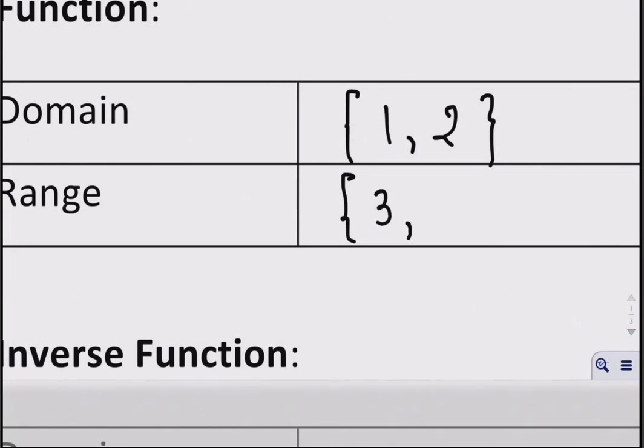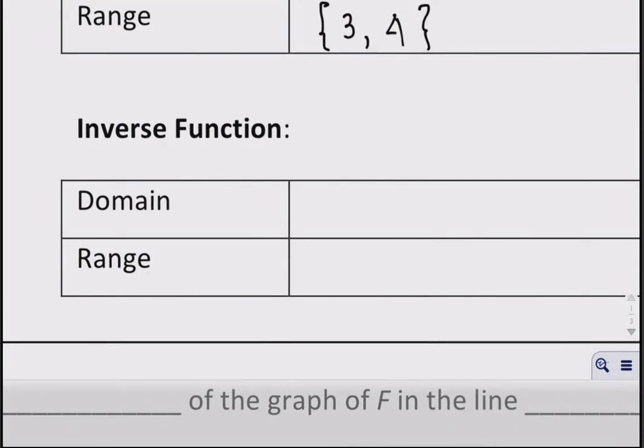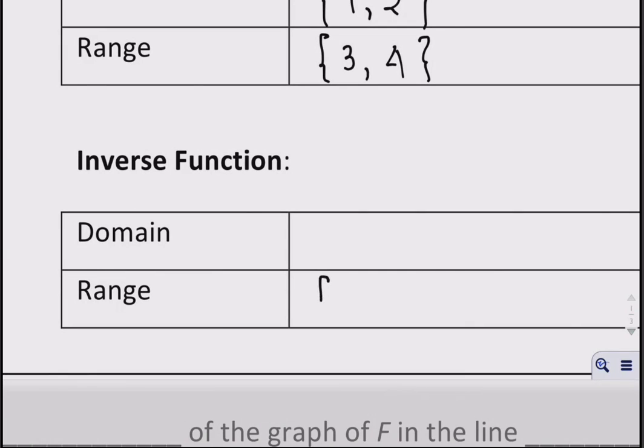There's my range. The inverse is just interchanged. So the domain of my original function becomes the range in my inverse, so I get 1, 2 here. And my range in the function, or relation, should I say, becomes the domain over here.